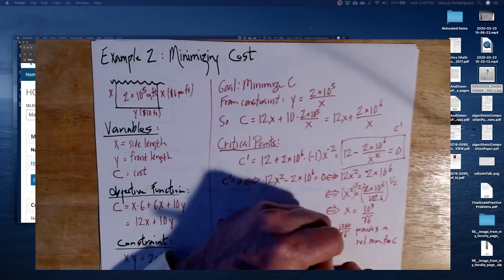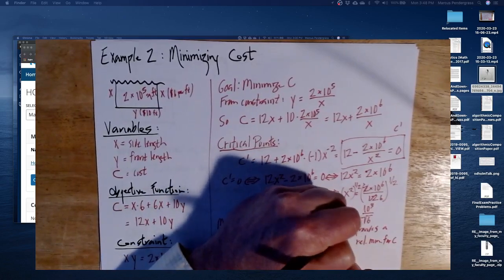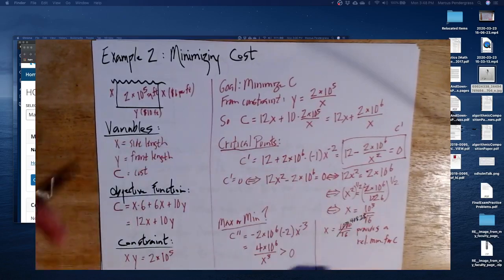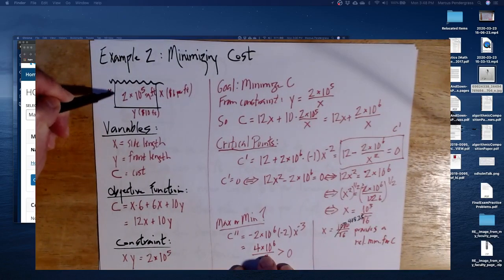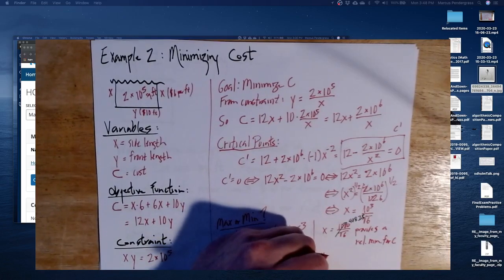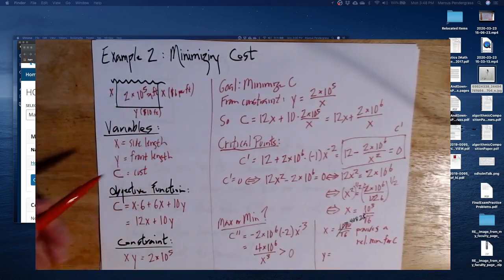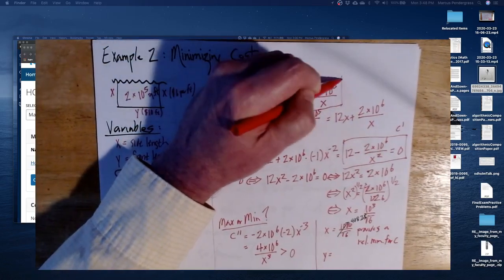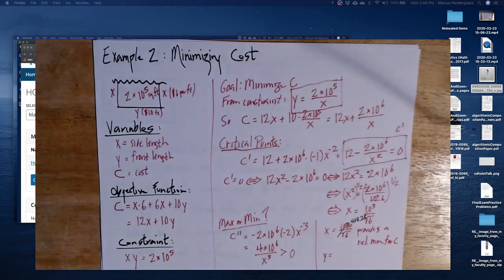So what we would need to do here is fence in about 408 1/4 feet on each of these sides. And then what would the Y value be? Again, how much would you need on the front end here? Well, remember our Y is related to X through that equation.